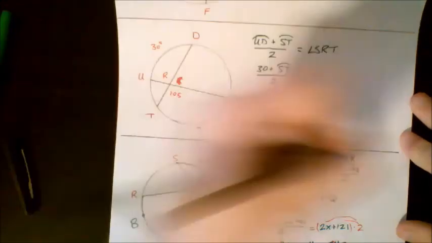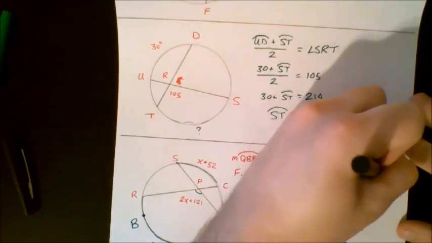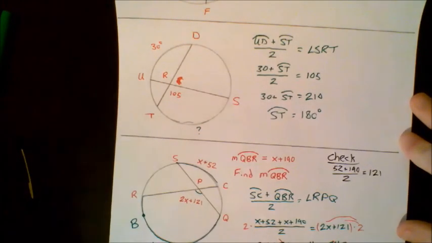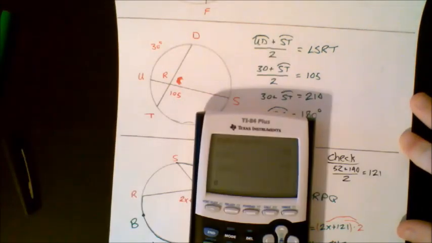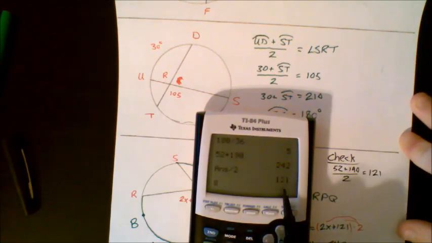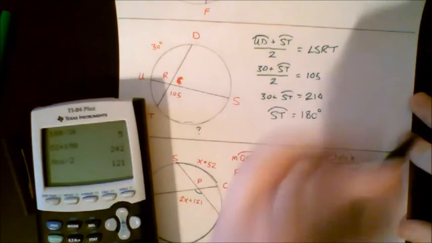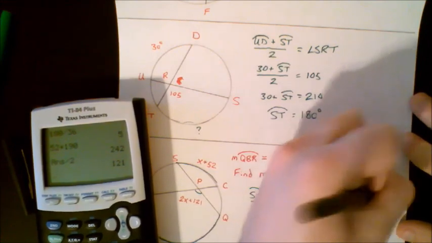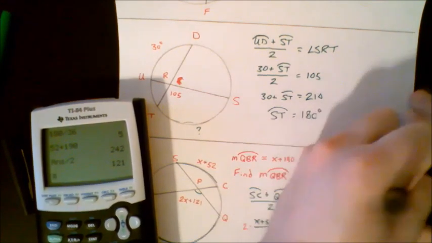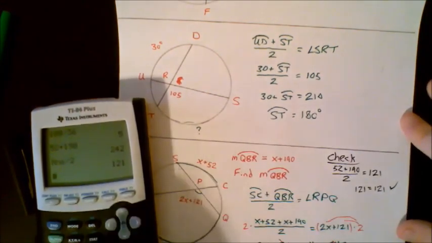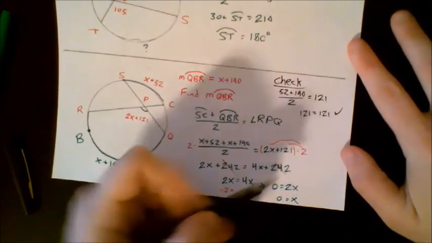We cut that in half, and it should equal 121. Now let's just double check. So 52 plus 190, cut that in half, equals 121. So we are left with 121 equals 121. And that is correct. So X equals 0 is the correct answer.